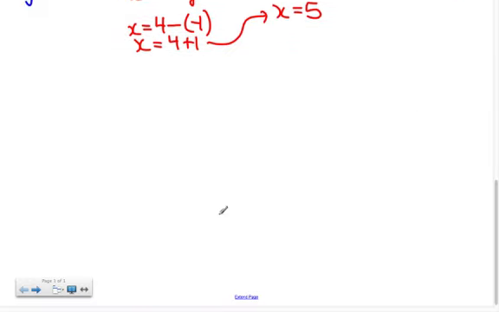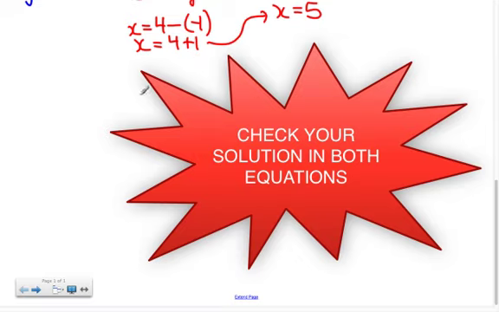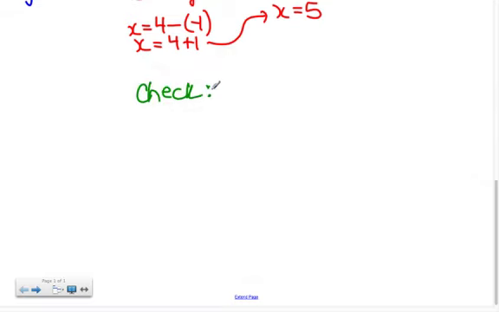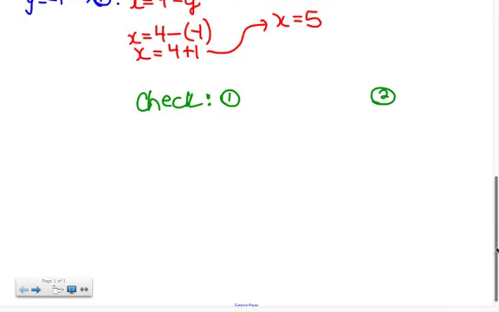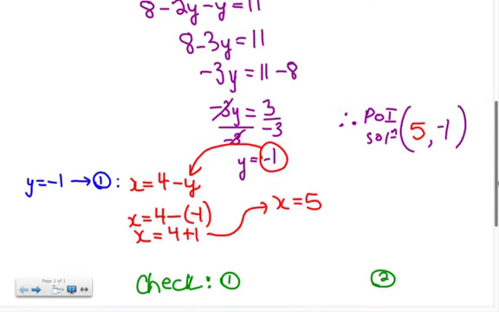Now, how do we know that that's true? So what we're going to do next is we're going to check our answer to make sure that it's true. I have to check both in equation 1 and in equation 2. So let's go back and remind ourselves what equation 1 was. Equation 1 was x plus y equals 4.